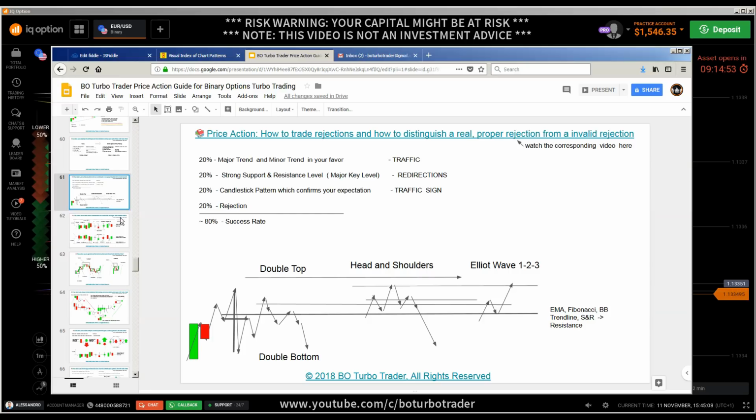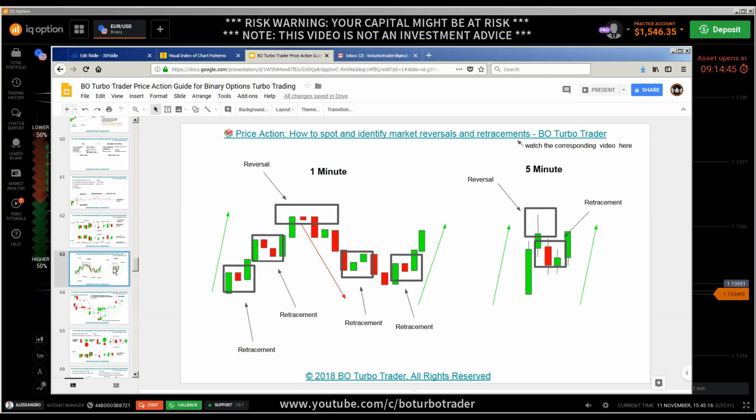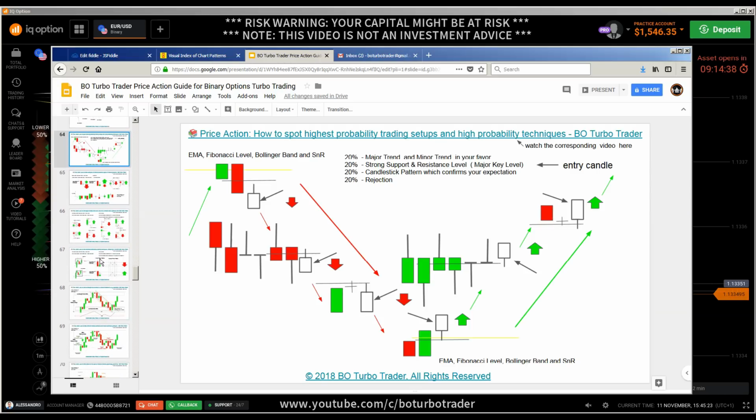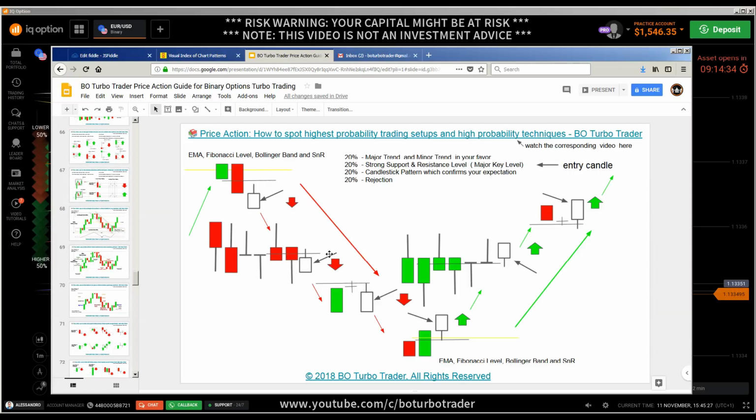So then the fake breakout stuff, you will see in this video how important fake breakouts are. The reversal and retracement stuff, the highest probability trading setups, which I have explained. Watch this video, it's important, because those are trend continuation trades, which I do almost often.